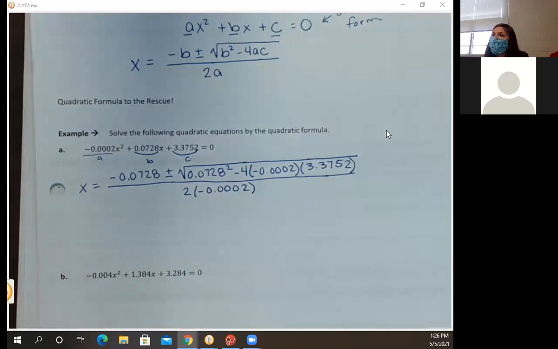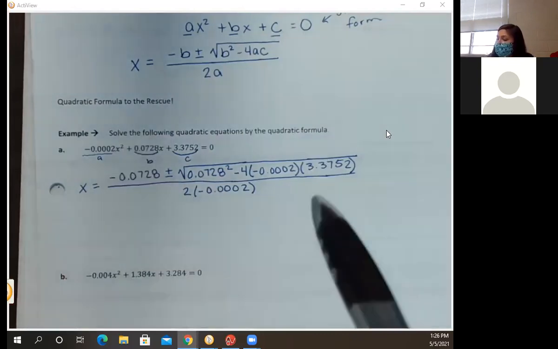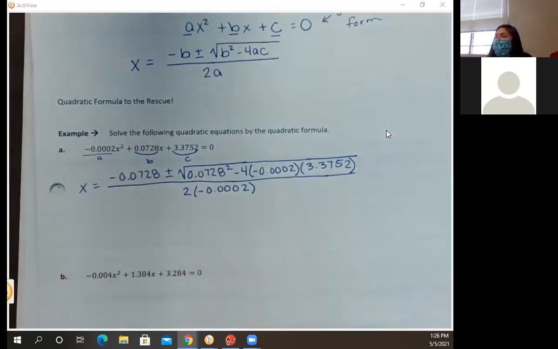We're going to use our calculators to help us simplify these, but I can't type this exactly as it's written into my calculator. Why not? Where will I have a problem if I try to type this into my calculator?